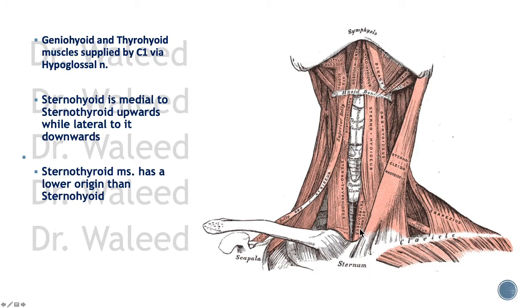Which one is a lower origin, the sternothyroid or sternohyoid? Which one is medial downwards? Which one is medial upwards? Okay? And if you think about it, you will find that the sternothyroid and thyrohyoid actually were one muscle and split by the oblique line of the thyroid cartilage.